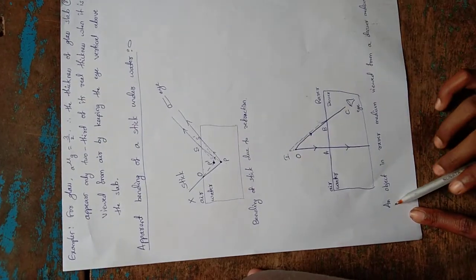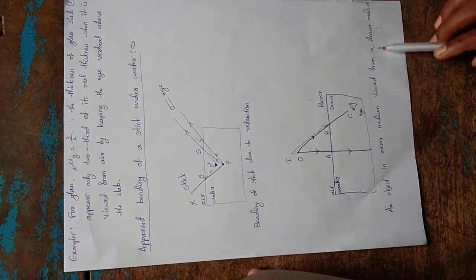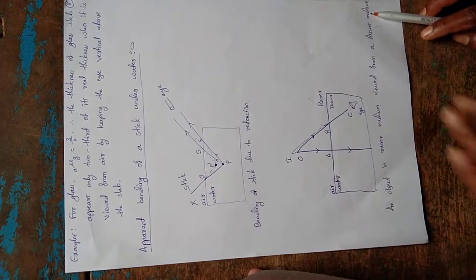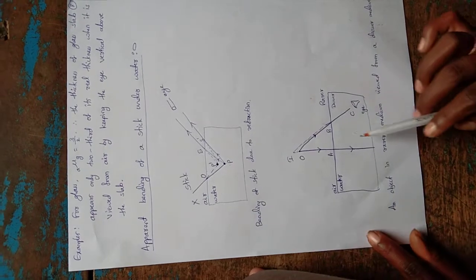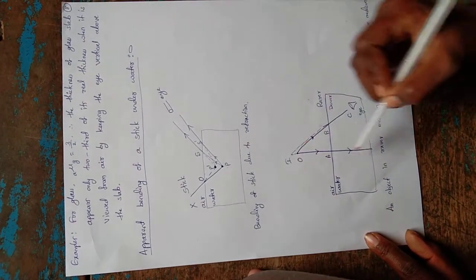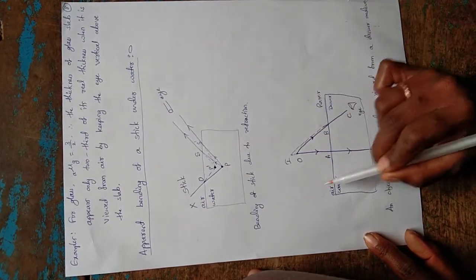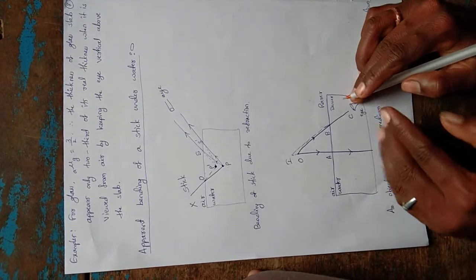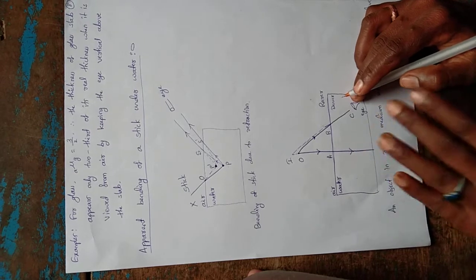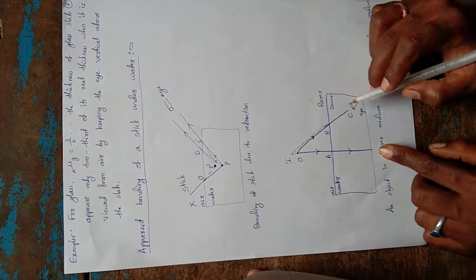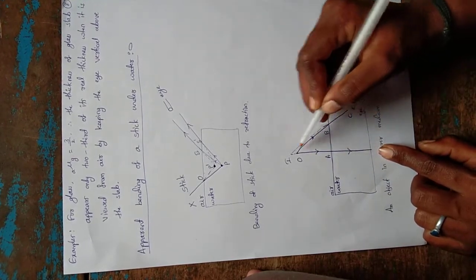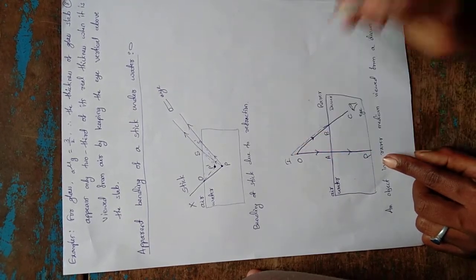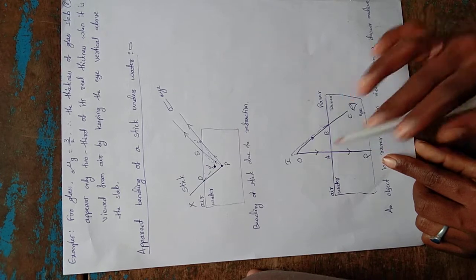Next example, an object in a rarer medium viewed from a denser medium. If you are in the denser medium and the object is in a rarer medium, how will it look? See the incident ray and refracted ray. This is the air medium, this is the water medium. We are seeing from the denser medium. Imagine you are underwater, and the stick is out of the water surface. For example, PAO is our object.